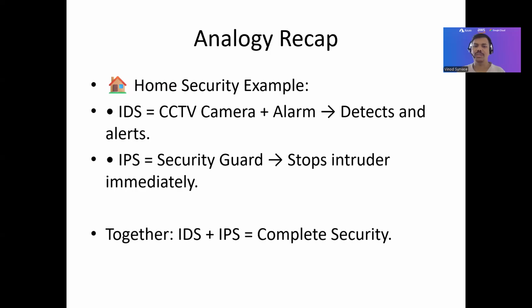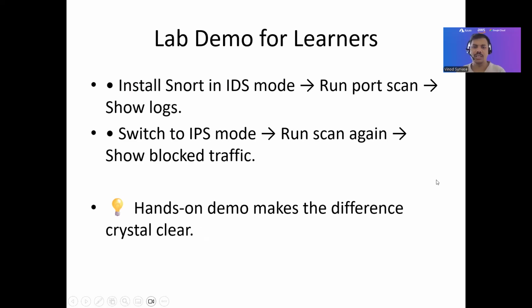That's how it is going to be stopped in simple terms. So together, IDS and IPS give complete security for the organization as well as for anyone, in simple terms. This is the simple analogy of that one.